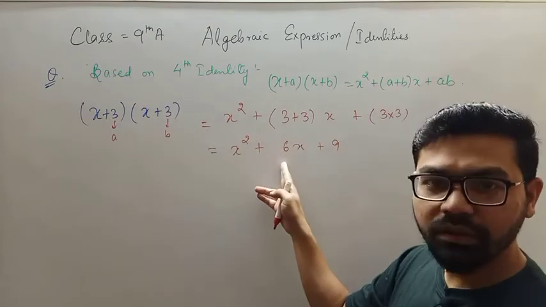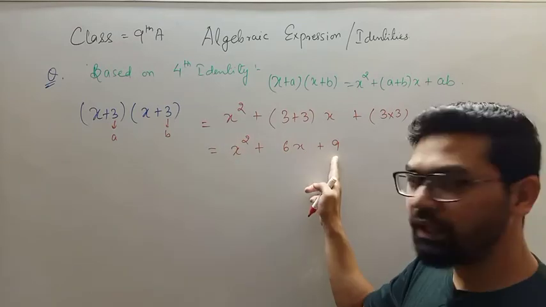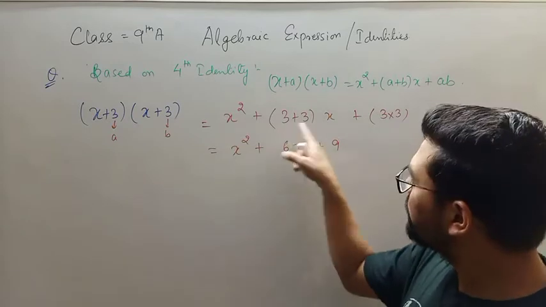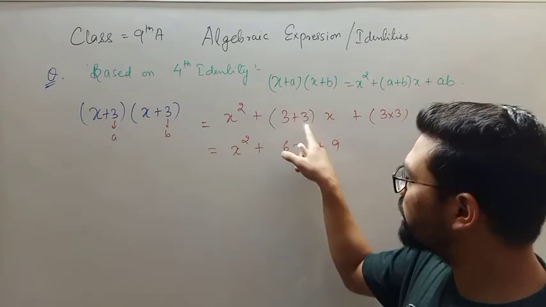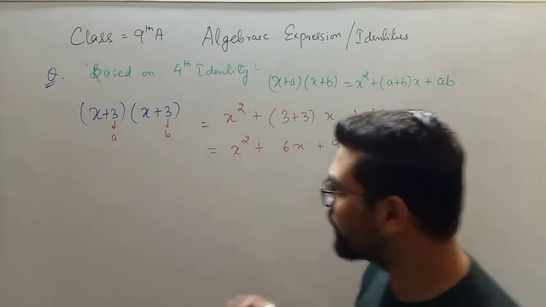6x is split in the form 3 plus 3 on what basis? 1 into 9, 9. So when I factorize 9, 3 3s are 9, and 3 plus 3 is 6x. So this is nothing but the middle term splitting, okay.